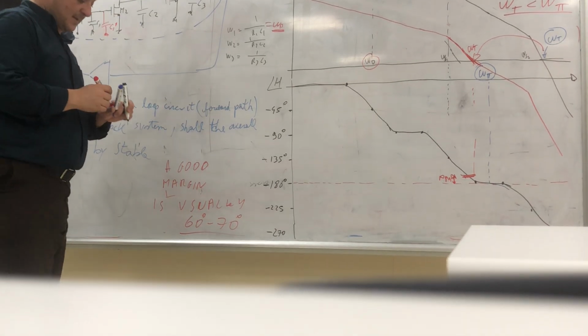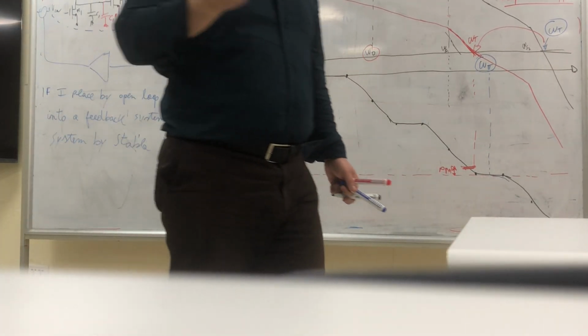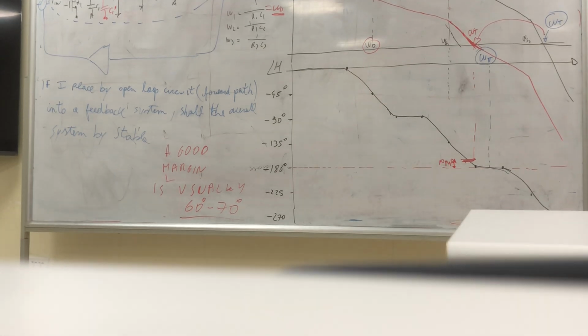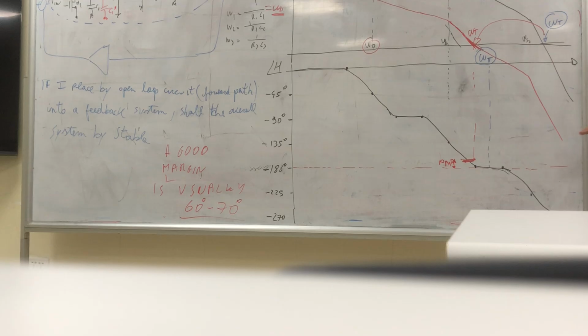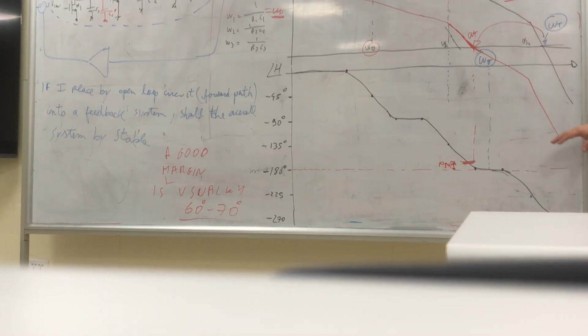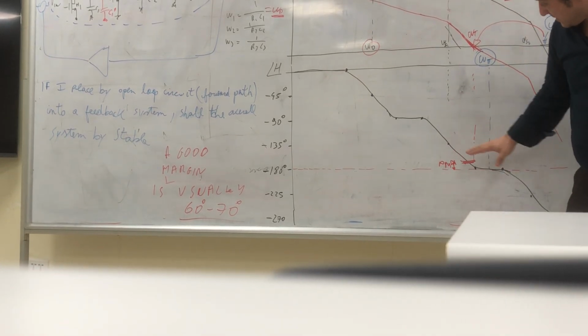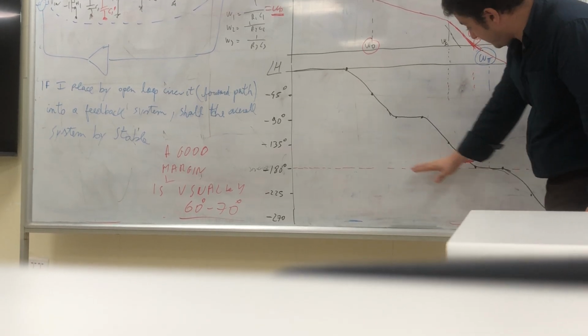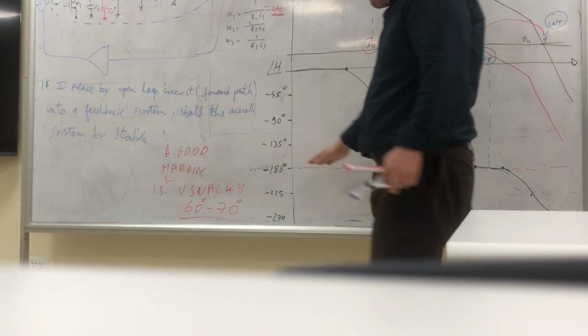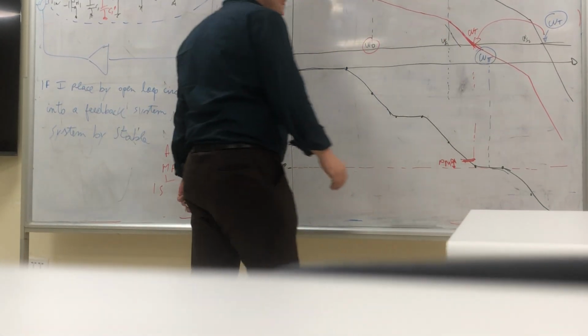So this is a kind of qualitative number. We need to be far from this wall. How far? Far of 60 or 70 is better. So you need to be far from this wall of 180, because then you find instability.